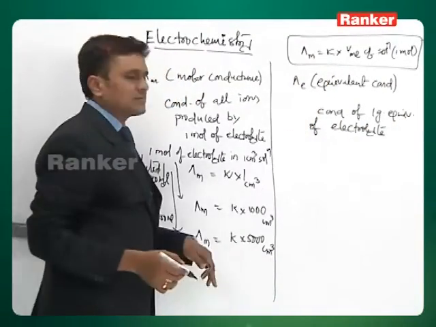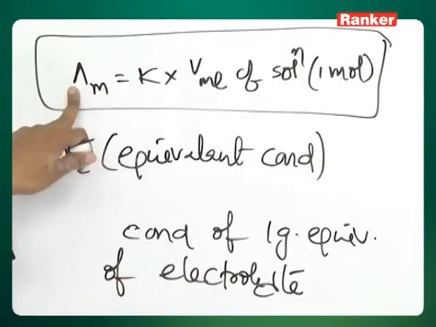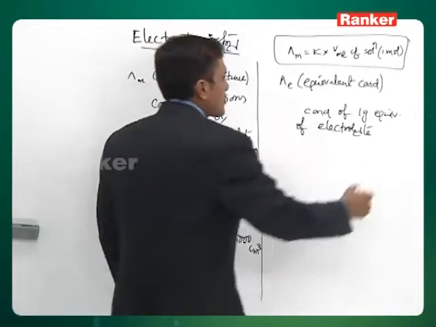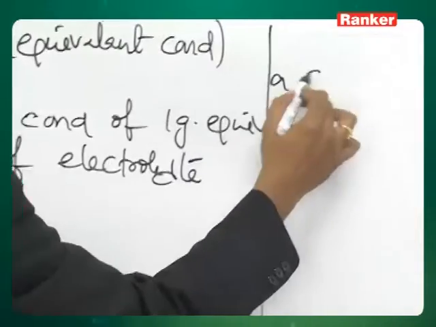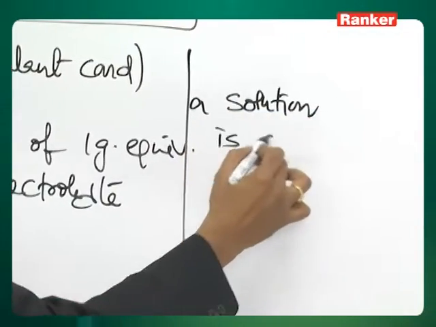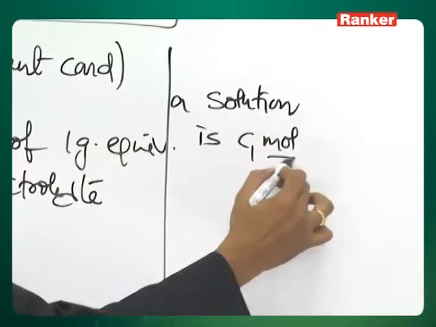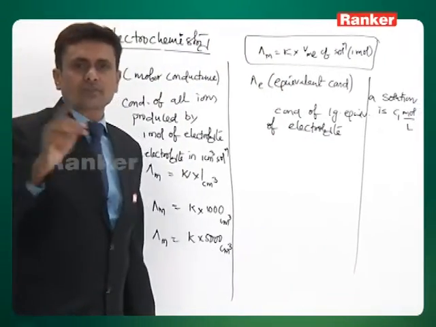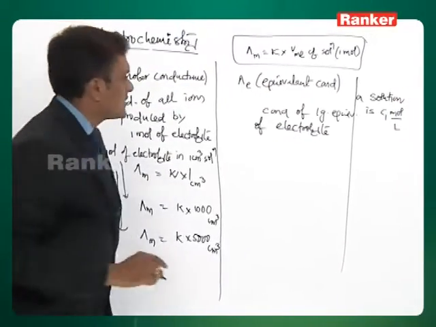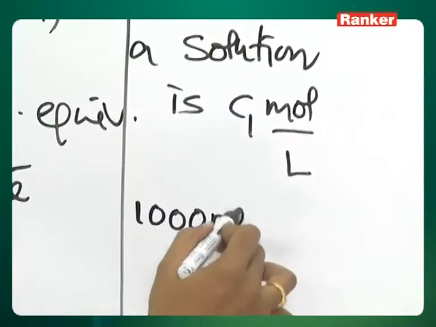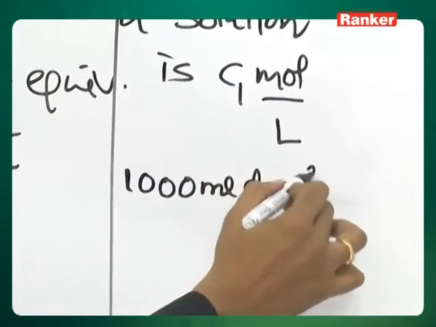This is the relationship between lambda and K, whether it is lambda m or lambda E. Since I am dealing with lambda m, I am writing it as lambda m. Now suppose I have a solution whose concentration is C1 mole per liter. That is, C1 moles are present in 1 liter, that is 1000 ml of solution.